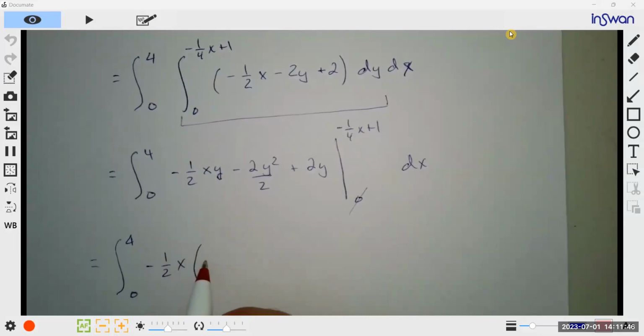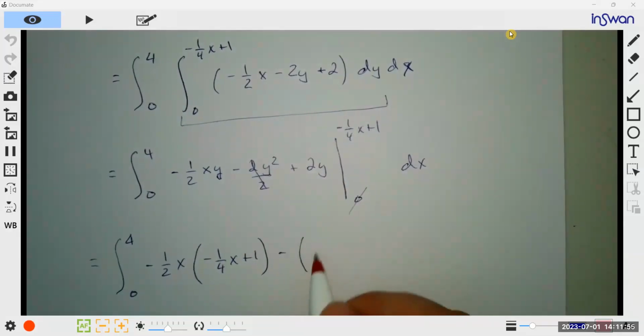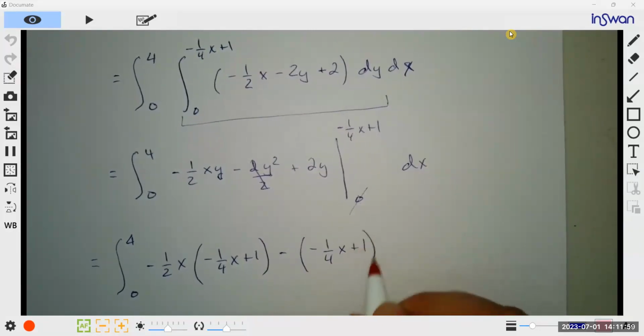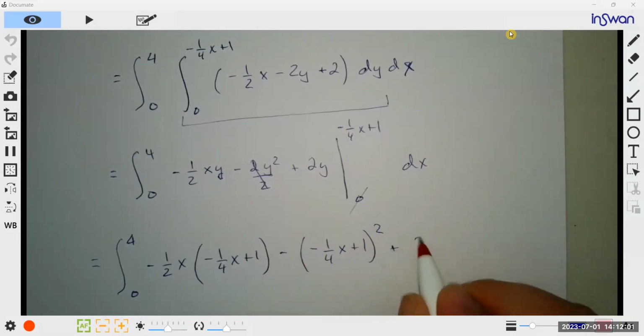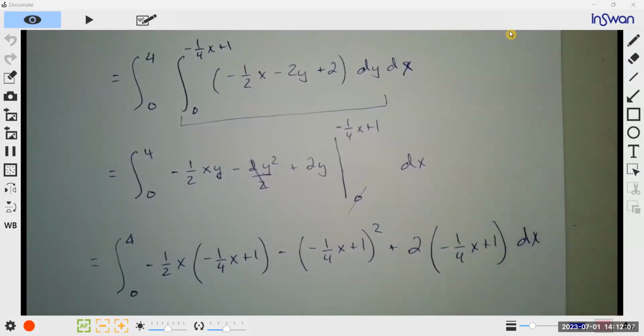So in order to see y, we plug in -1/4 x plus 1. 2's cancel. Negative 1/4 x plus 1 squared. Negative 1/2 x times negative 1/4 x plus 1, dx.